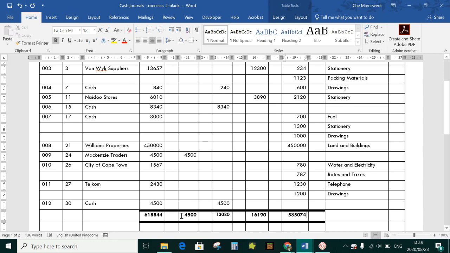Now if I add all the other columns together, that should give me the total of bank. So I'm going to do that. Get 618844. There we go.